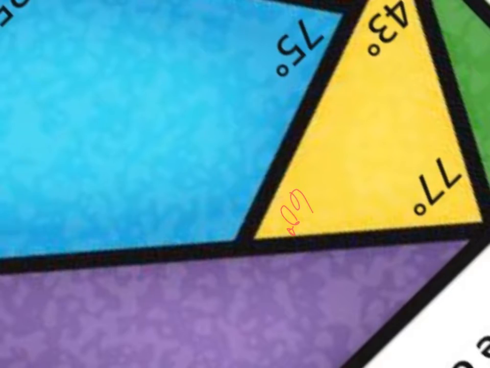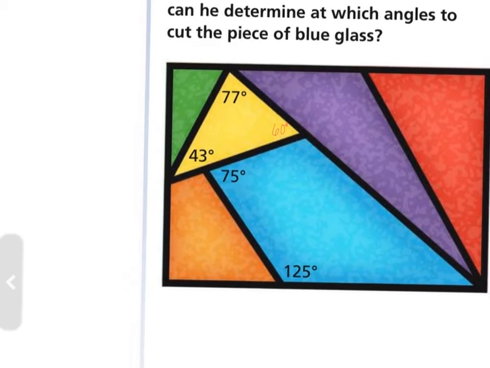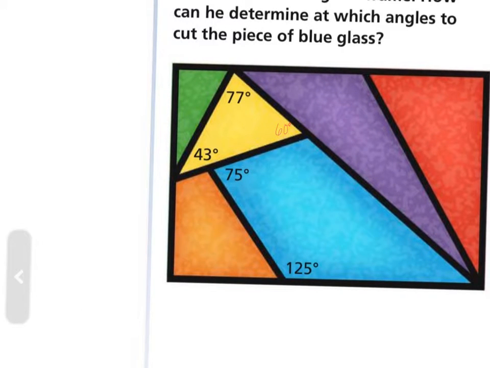So if those form a straight line, we know a straight line is 180 degrees. So to find that missing angle, we could take 180 minus 60, which means that angle would be 120 degrees.